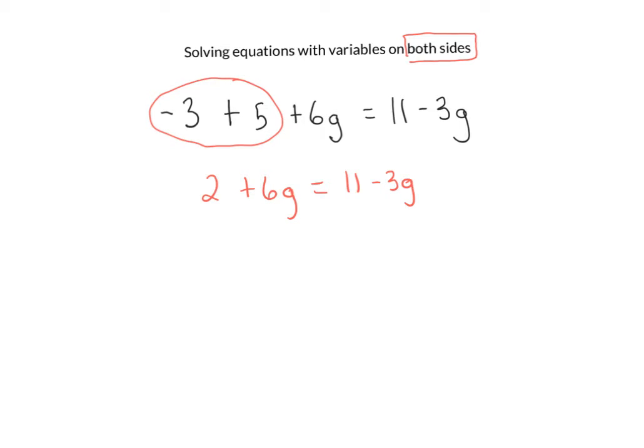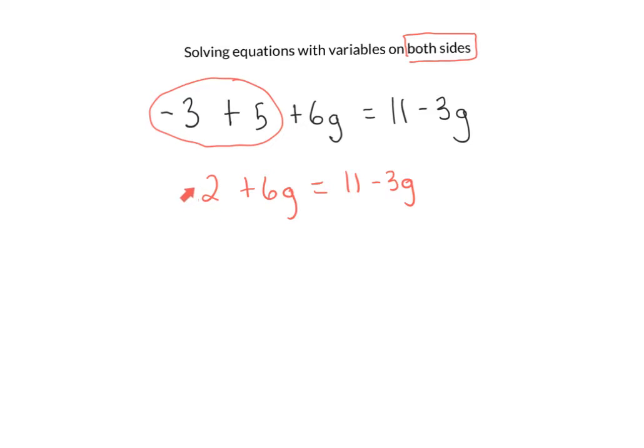All right. Now, on the left side, there's no like terms. On the right side, there's no like terms. So I'm just going to solve the equation. I'm going to get this 2 over here on the right, and I'm going to get this negative 3g on the left. Now, in order to move something from one side of the equation to the other, you've got to do the opposite of what's happening. This 2 is positive.